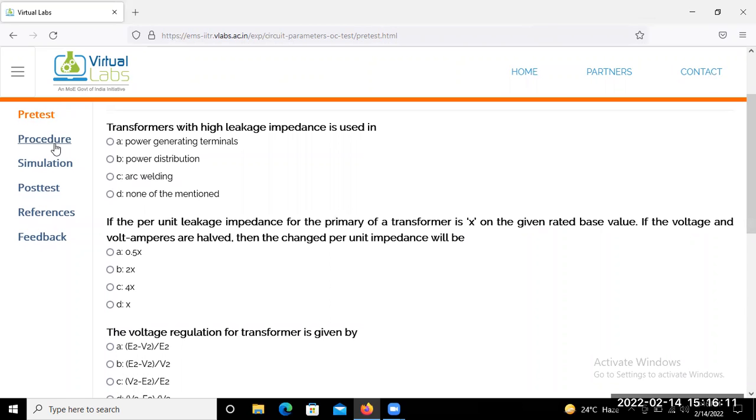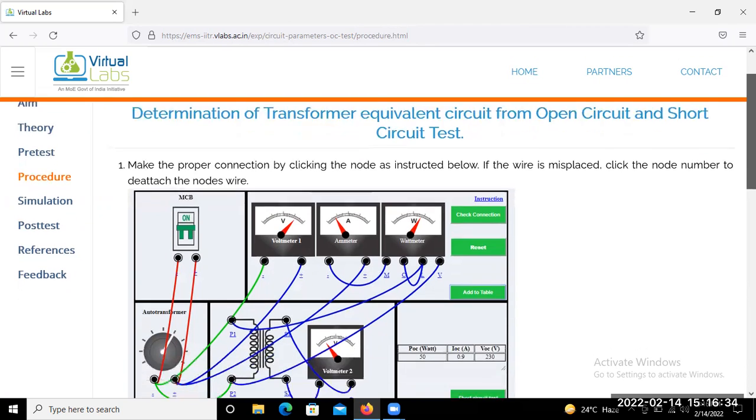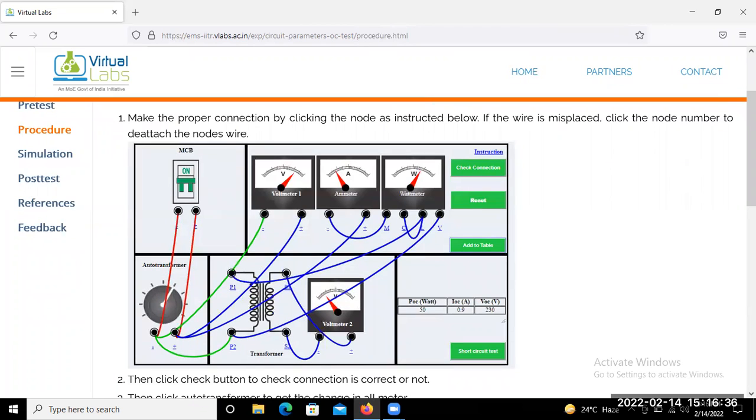So next, what is the procedure to perform this experiment? First of all, you have to consider what the requirements are to perform this experiment. Okay. So you find here some instruments, whatever I have explained in the circuit diagram.